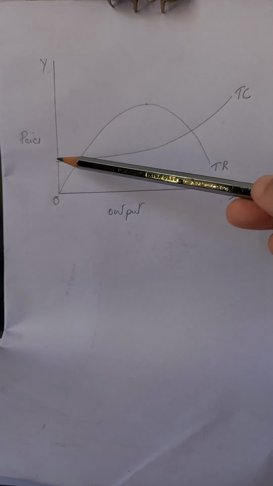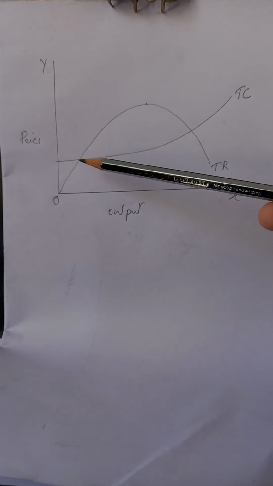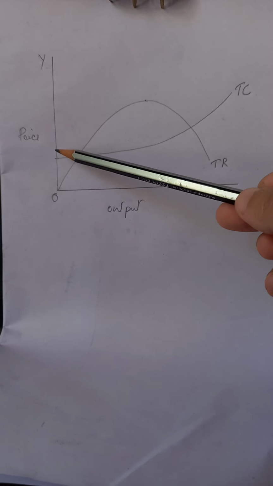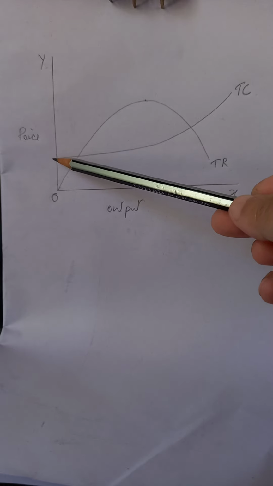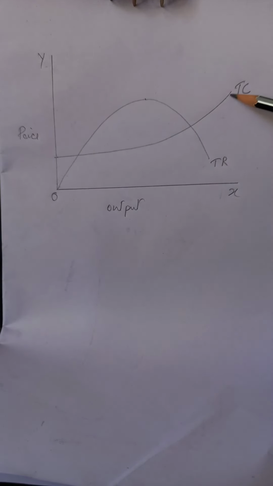Further, we also have this curve, which is not the same as the TR curve, but instead originates from the y-axis, somewhere from here. It starts to increase, keeps on increasing, and shows a rising trend. Yes, we have two curves in which one is totally different from the other.